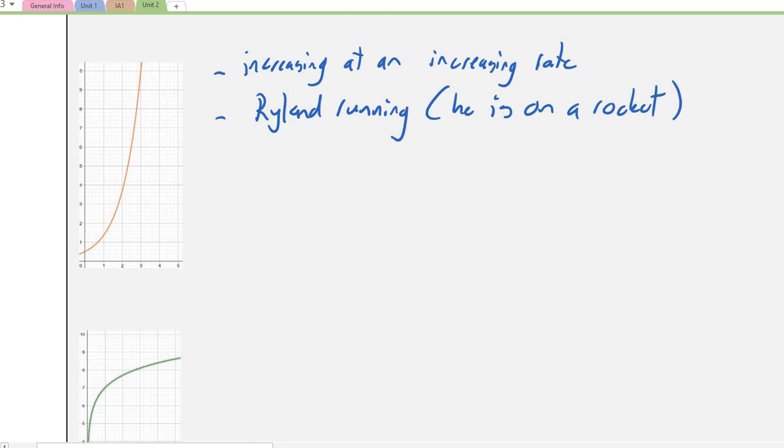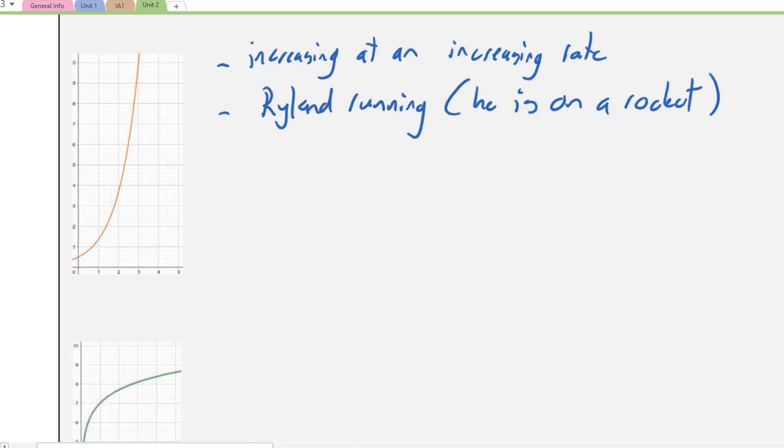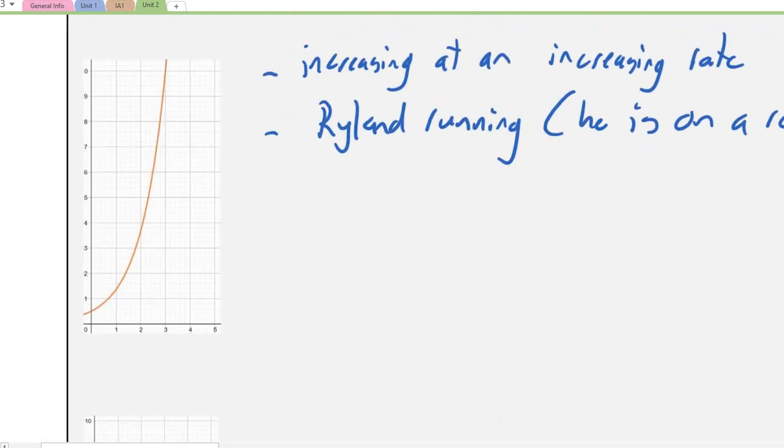Okay, let's calculate the average rate of change. This one's going to be a real pain in the butt. Okay, I can see here it has a coordinate at 310. And I guess we'll have to use this coordinate here, which is like 0.5.